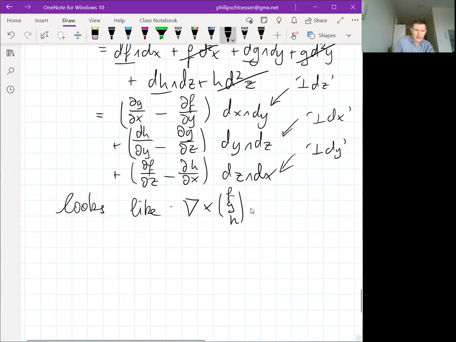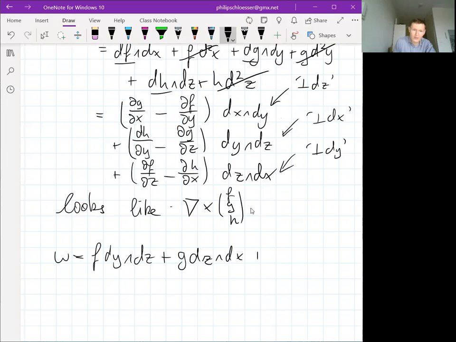And lastly, for the same three functions, we can define omega as f dy wedge dz plus g dz wedge dx plus h dx wedge dy.